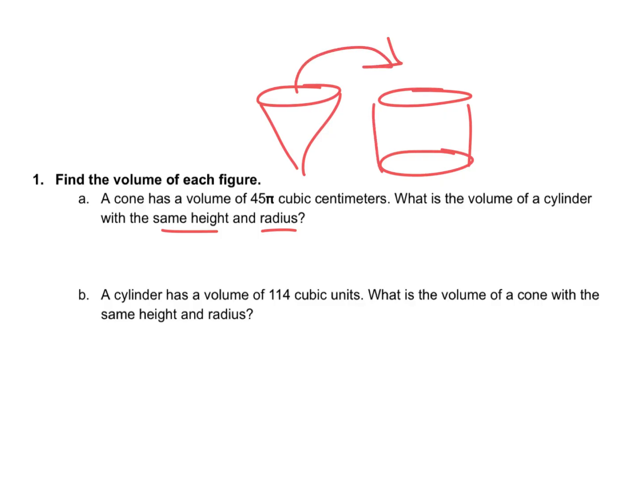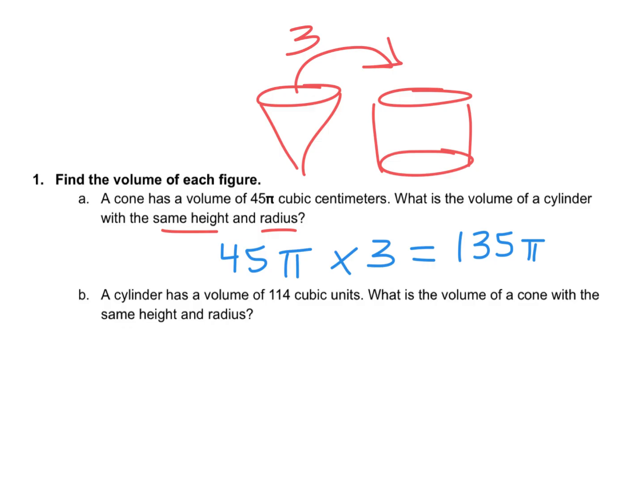It would take 3 cones to fill up a cylinder. So if the cone had a volume of 45 pi, the volume of the cylinder would be 3 times that. Therefore, 45 times 3 is 135 pi.